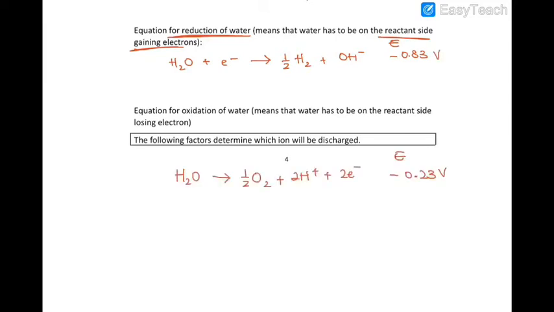For oxidation, it's this equation where the electrode potential is minus 0.23 volts. These equations are very important. You should be able to spot them in the electrochemical series whenever you need reactions for reduction or oxidation of water.